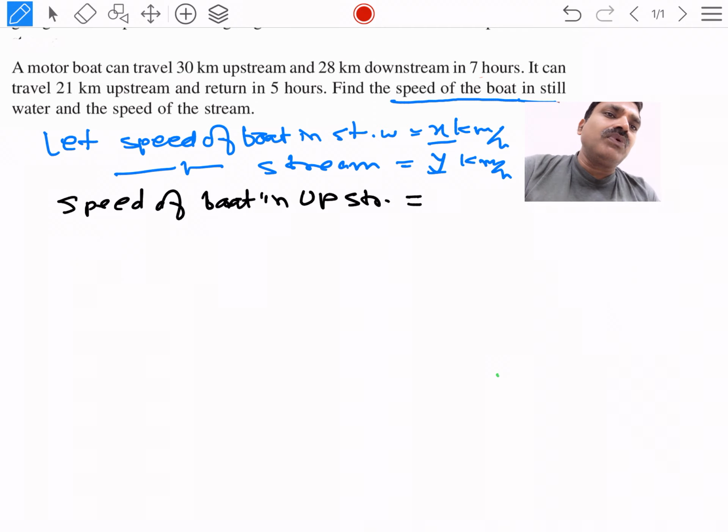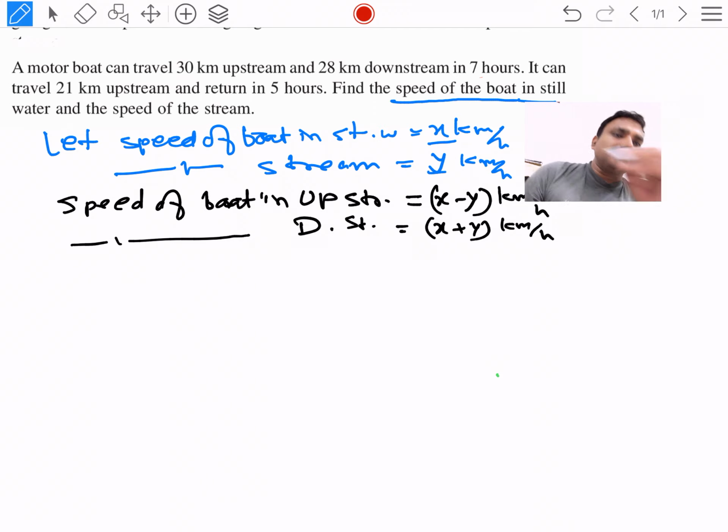The speed of the boat in upstream will be x minus y kilometer per hour. And similarly, the speed of the boat in downstream will be x plus y kilometer per hour.